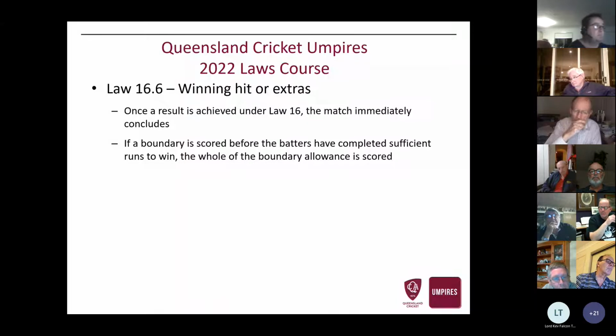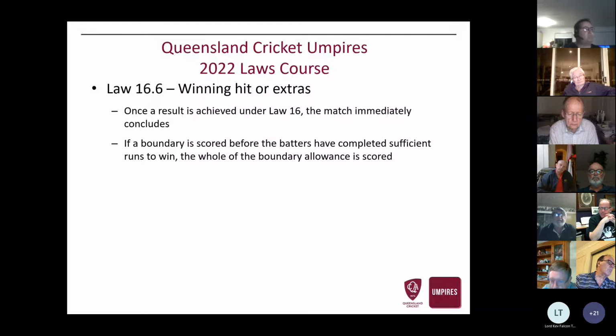So, for example, if there was 1 run to win and a player hits the ball to the boundary, if they complete 1 run before the ball reaches the boundary, then the game is over at the conclusion of that 1 run. However, if they don't complete that run and the ball goes to the boundary, well, they score 4 runs, and the match is concluded by that point as well.